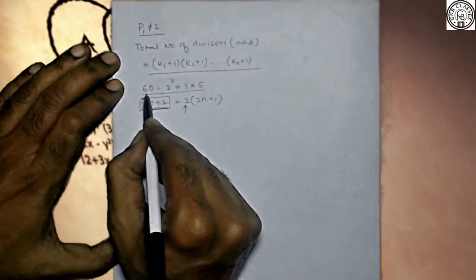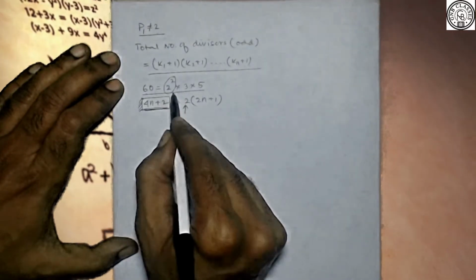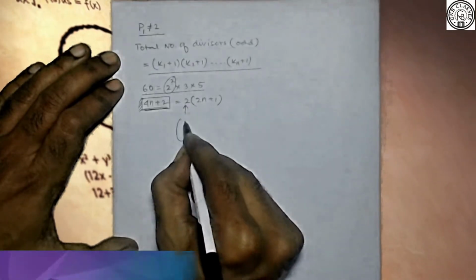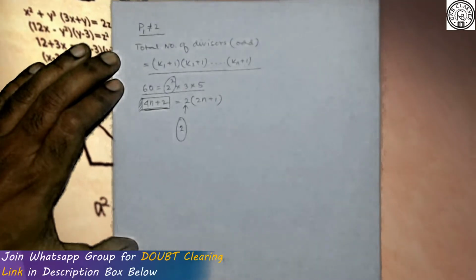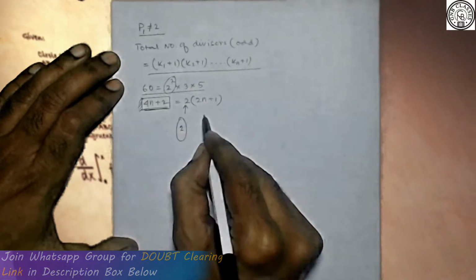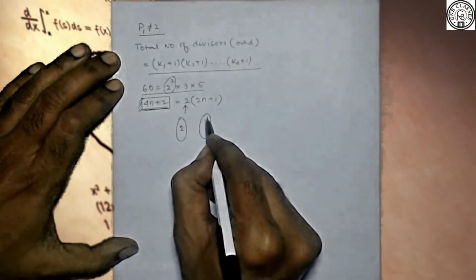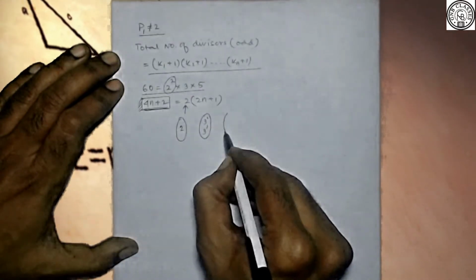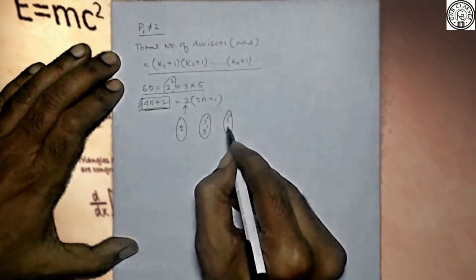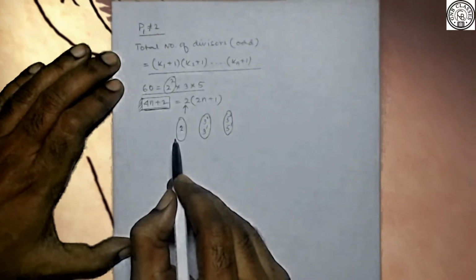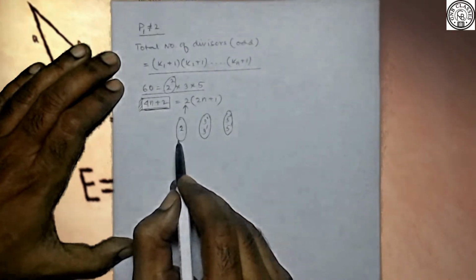In the prime factorization of 60, we have two 2's. It doesn't matter whether we have two 2's or 200 2's, we will only consider one 2, to get a divisor of the form 4n plus 2. The other factors can come in different forms, that is, 3 to the power 0 or 3 to the power 1 for the prime 3, and for prime 5 it will be 5 to the power 0 or 5 to the power 1, but only one 2 will be considered, right?